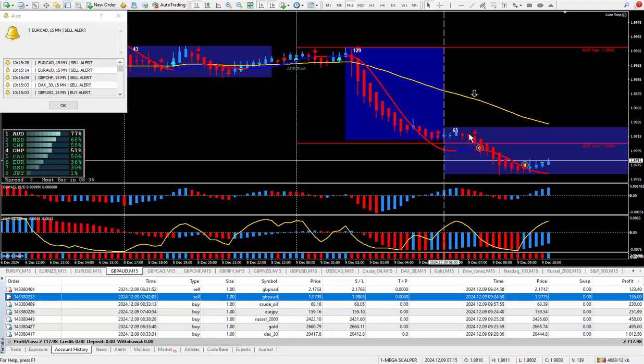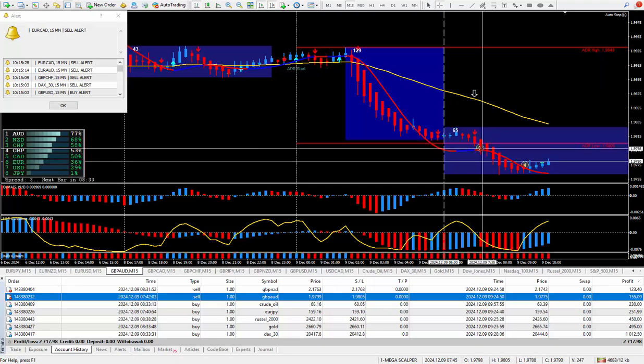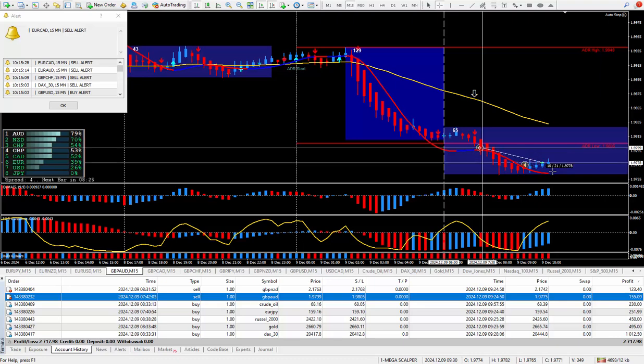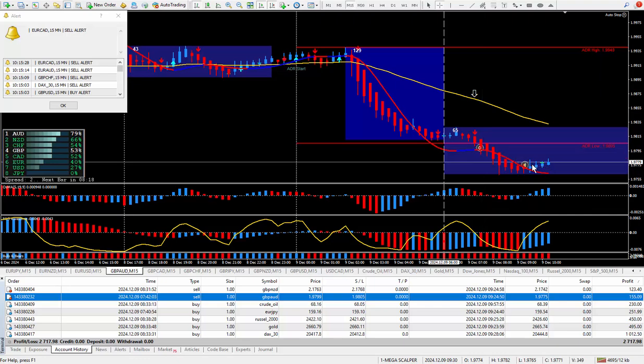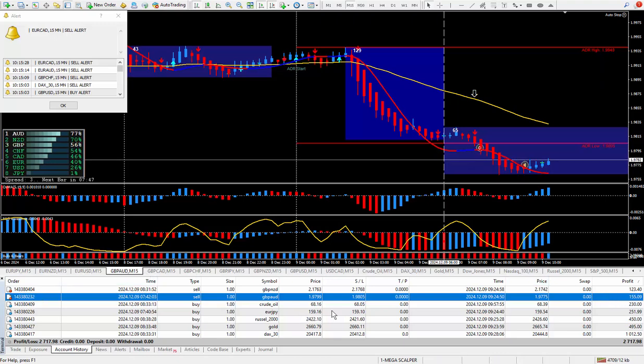There's the super signal arrow, so I got in at this point, close it out here. Looks like it's going flat, but it can easily go back to the goal line, or it can easily continue down. Looks like I got 24 pips here, and that ended up paying out $155.